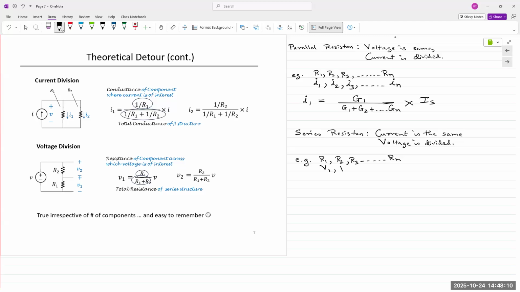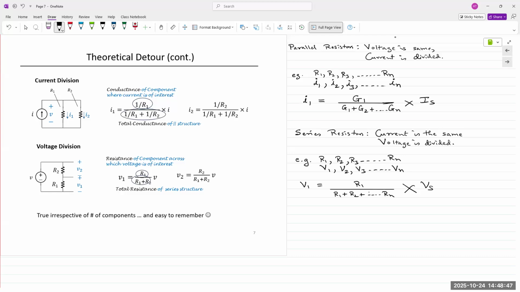You're trying to find the voltage across each one of these resistors. And that is given by the voltage division principle: R1 over R1 plus R2 plus R3 all the way up to Rn, times the total voltage that is being applied, or the source voltage. Okay. This is true no matter how many resistors you have connected in parallel or in series.